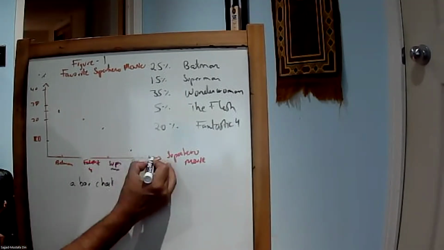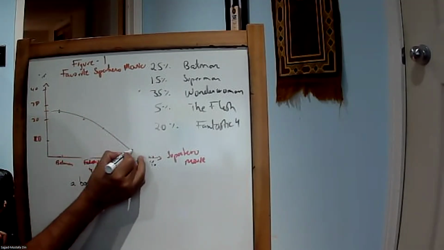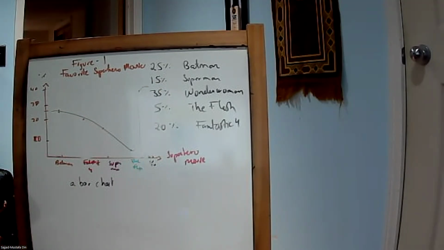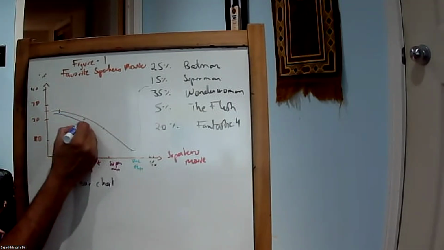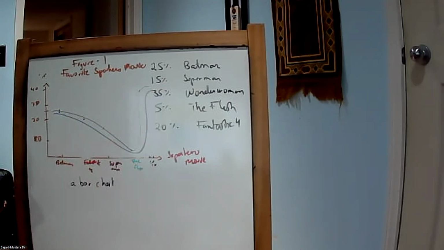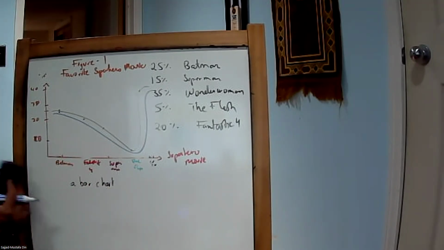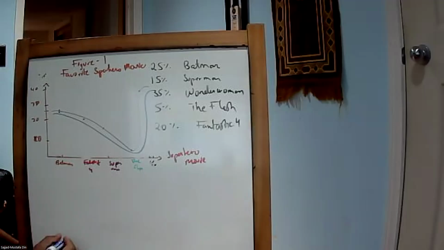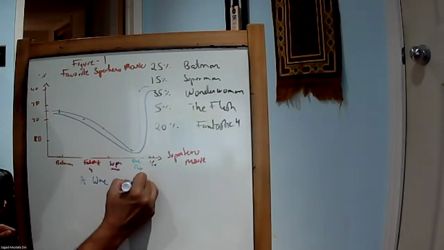The Flash here, and Wonder Woman all the way up here. So you would show it as a line. I'll draw with this a little bit better. So this would not be a bar chart anymore, it's a line graph.